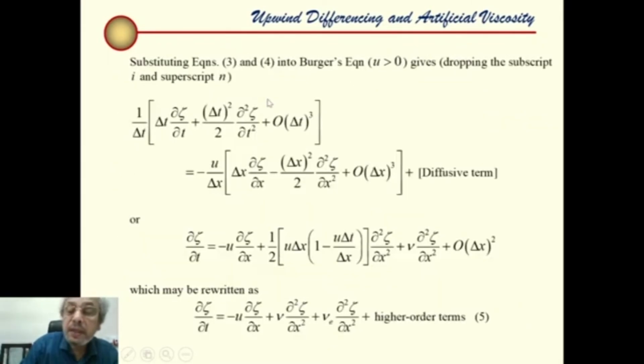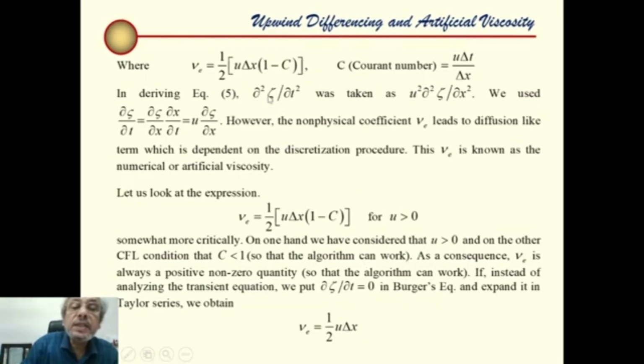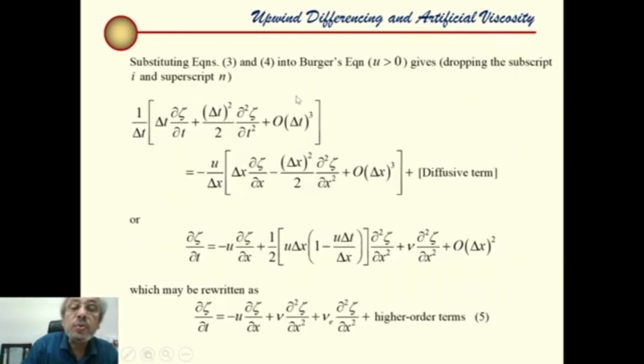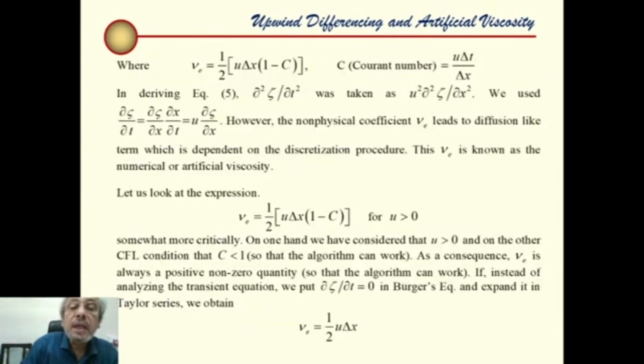Now in deriving equation 5, what we did with this del 2 zeta del t2, which had the highest contribution among the truncated series, we have written that as u square del 2 zeta del x2. How?